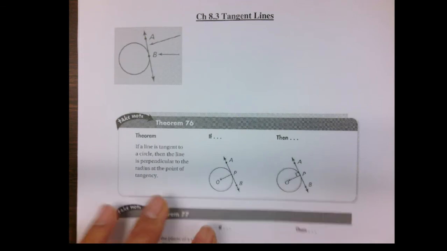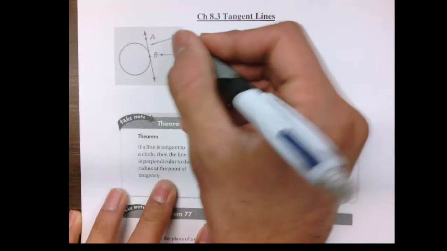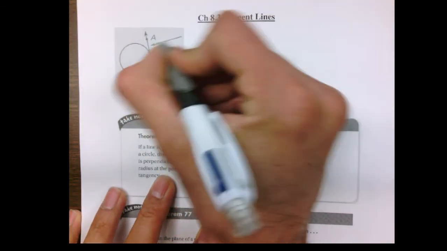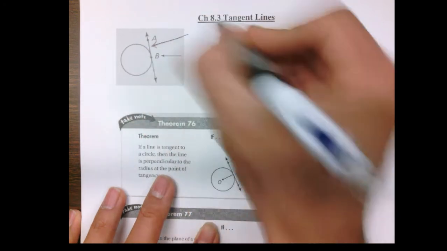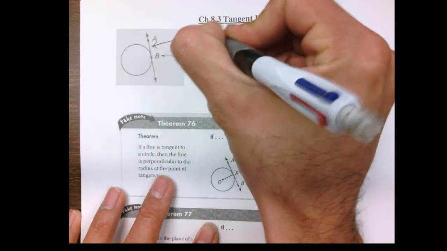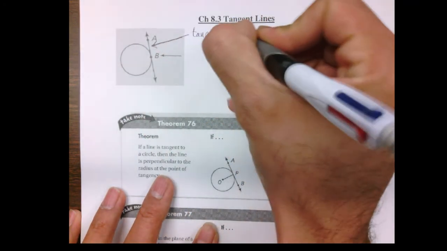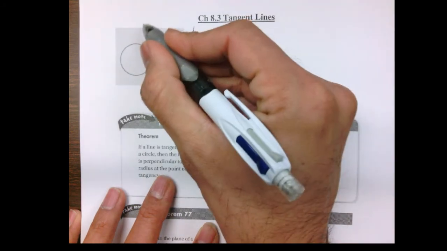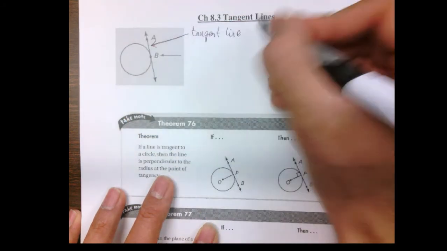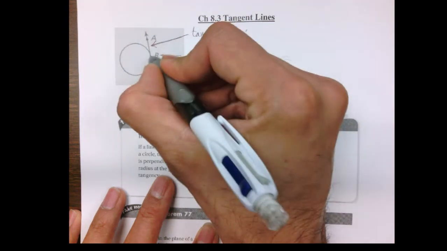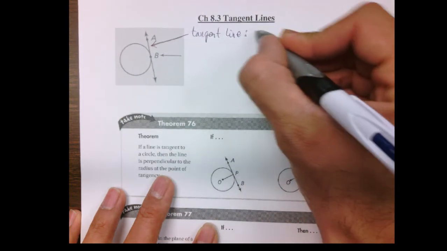But here, let's just quickly talk about what a tangent line is. We've got one right here. So this right here is a tangent line. And what we see is that this line touches the circle at exactly 1 point, no more than 1 point.